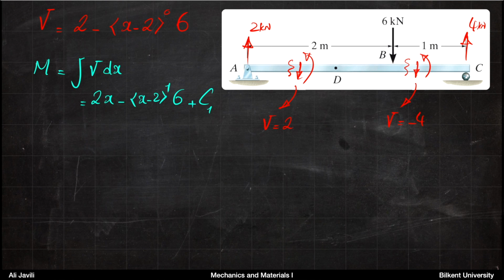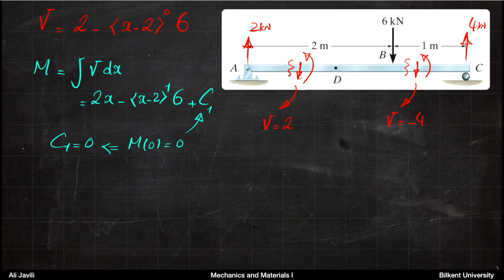What you need to do next is to integrate the shear force to get the moment itself. The integral of 2 is 2x. The integral of ⟨x − 2⟩^0 is ⟨x − 2⟩^1, times 6, plus a constant C1.